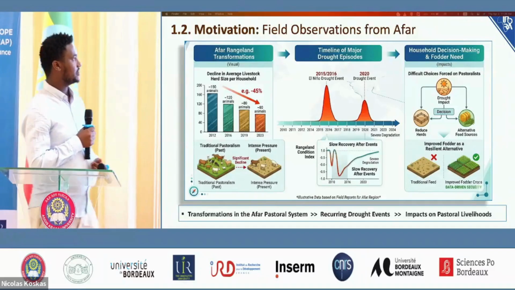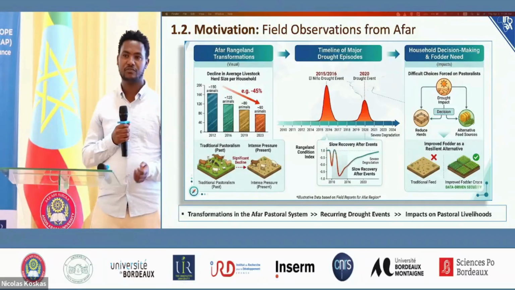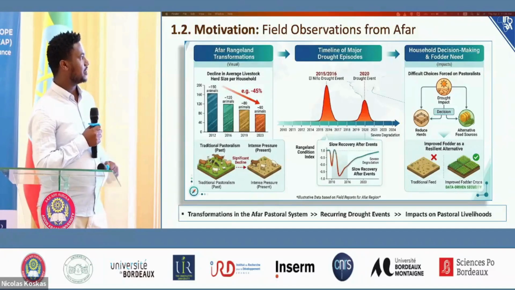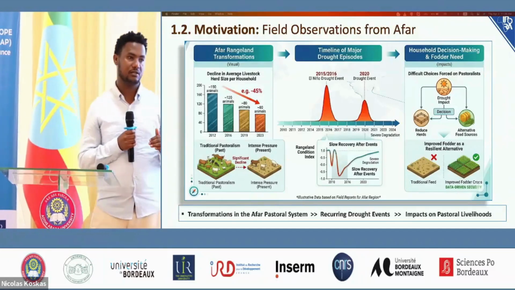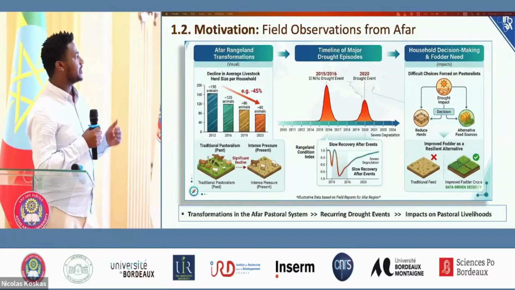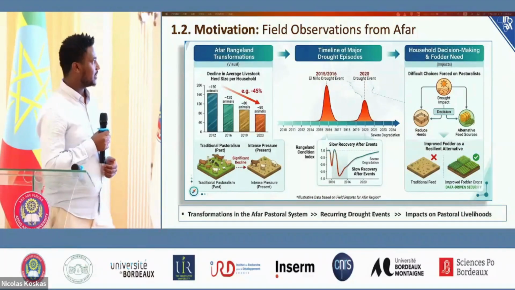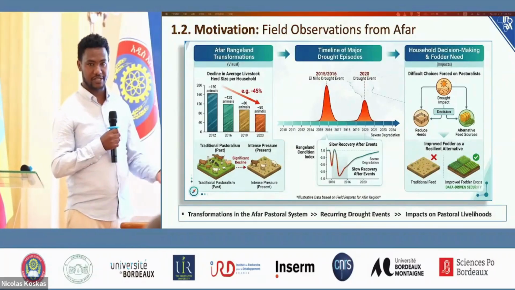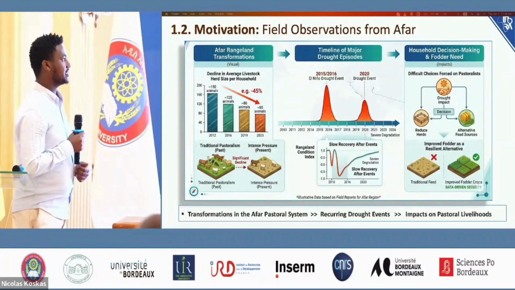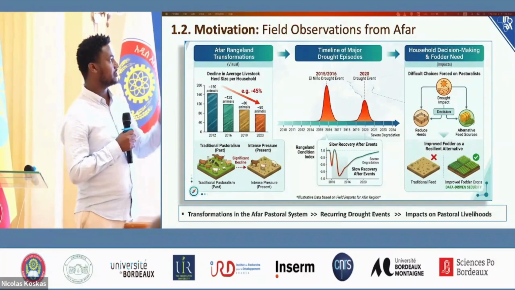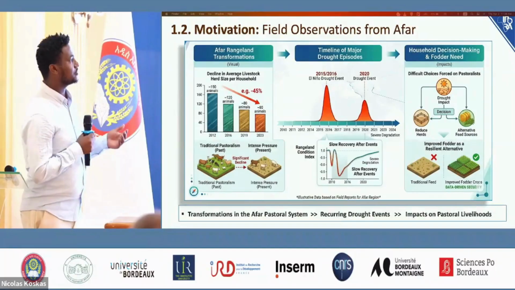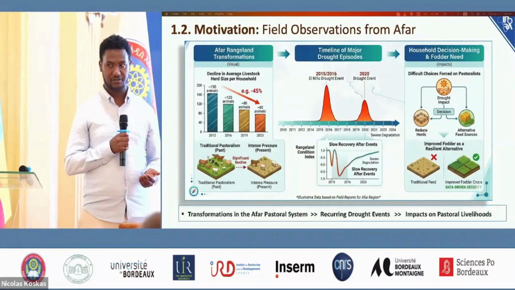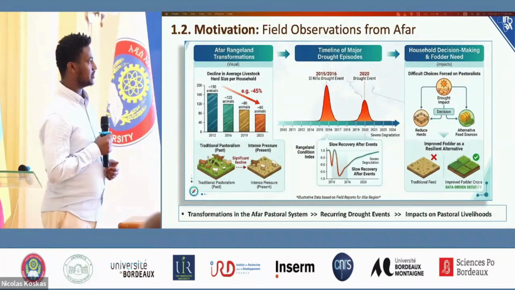Yeah, as a motivation, our motivation stems from field observation, as you see in this diagram. The area is affected by recurrent drought, as you see in the timeline, where major drought episodes were detected based on historical data. For example, the El Nino in 2015, 2016, and a drought in 2020 caused rangeland degradation in this basin.